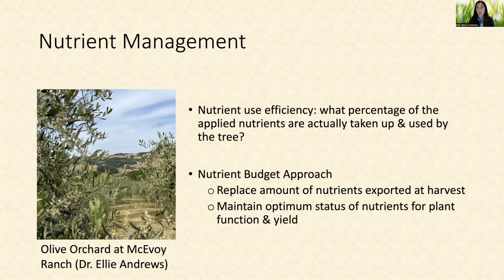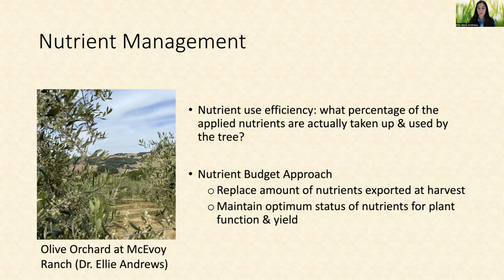Whereas let's say you have a huge tree, a lot of yield, you're in the safe range, you're going to need to replace the nutrients that were in those fruit every year. So that's just something to bear in mind. We just want to make sure we're in the safe level and then use this budget approach where we are replacing the nutrients exported at harvest.